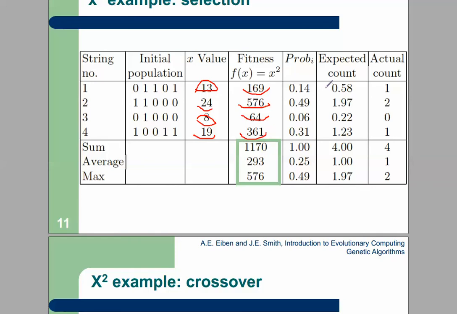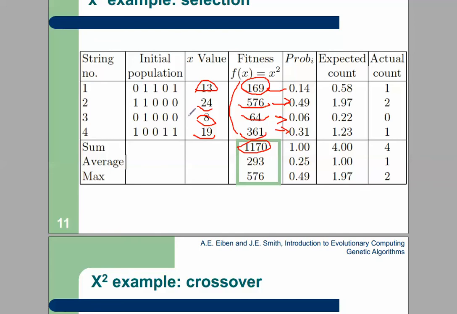The probability is the fitness divided by the summation of all of these fitness values. It is here, it is here, and it is here.